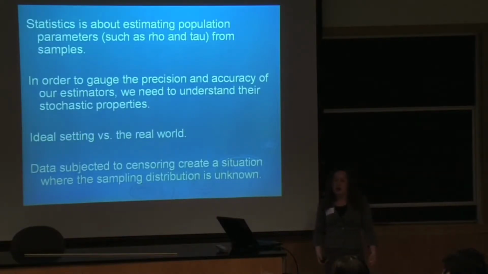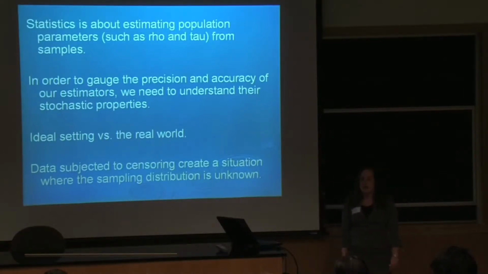Statistics is all about estimation of population parameters, such as rho, from samples. In order to gauge the precision and accuracy of our estimators, we need to look at the stochastic properties. In an ideal setting, we know the sampling distribution, and therefore estimation of the population parameters is straightforward. Unfortunately, not all data fall into this ideal setting.